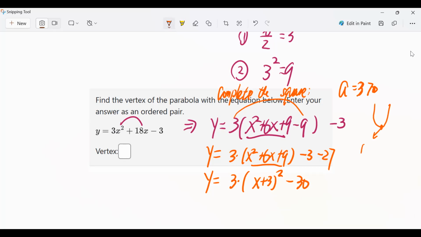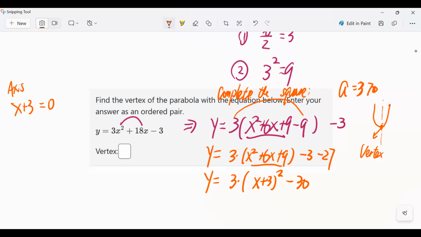The vertex is the minimum, and we try to locate that. We set x plus 3 equal to 0, and we find the axis of symmetry, this line right here. The symmetry line also provides the x coordinate for the vertex.